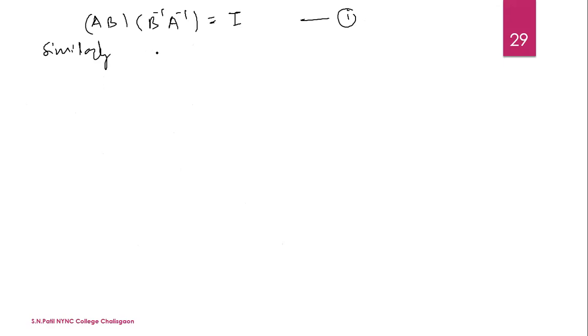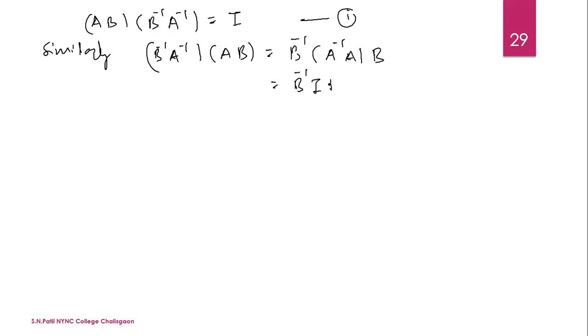Similarly, we find the product B inverse into A inverse into A into B. Here it can be written as B inverse into A inverse into A into B. The product A inverse A is identity matrix. Now it can be written as B inverse into B, and this is identity matrix.